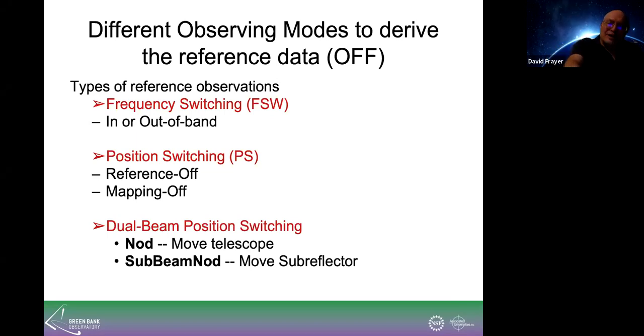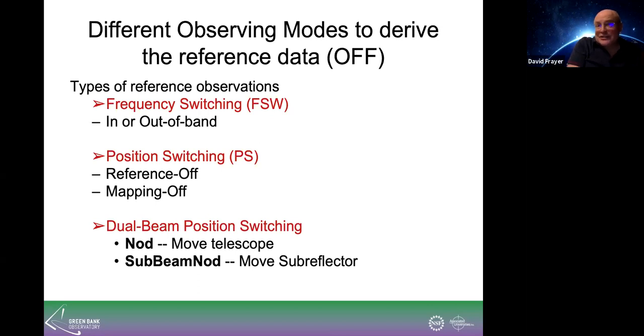These bold letters mean that's the actual command you use to command the telescope, an AstrID command. So with the nod command, for example, you put the source in beam 1, and then you put the source in beam 2. So you always have the source in one of the beams, and you do that by moving the telescope with nod.